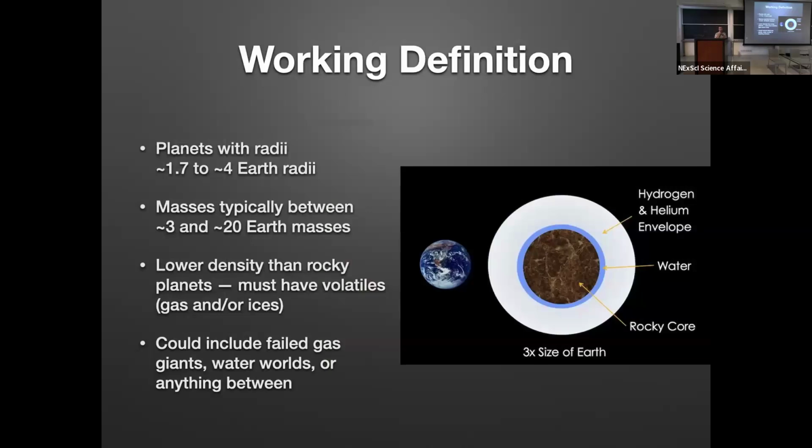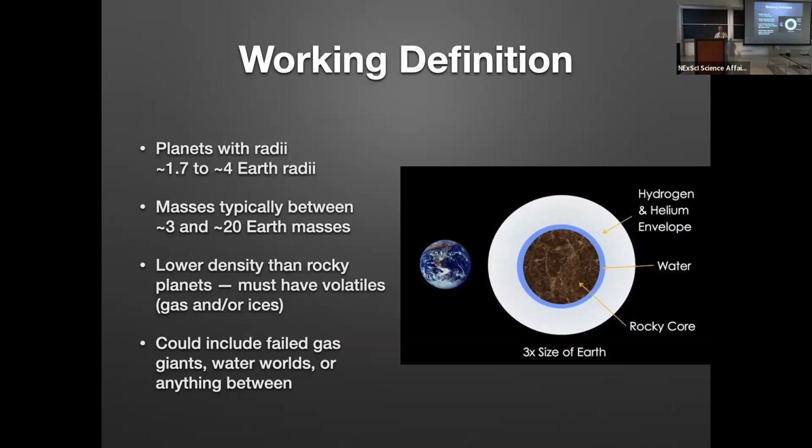So let's start with a working definition of these. I'm just going to go ahead and say right now that these are planets with radii between 1.7 and 4 Earth radii, so smaller than Neptune, but larger than the center of that gap, at least for short periods. Their masses, for the ones we've measured, typically span between about 3 and 20 Earth masses. And like I've mentioned a couple times, their bulk density indicates that they're less dense than pure rock or a mixture of rock and iron.